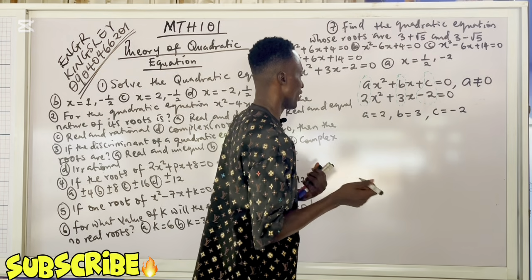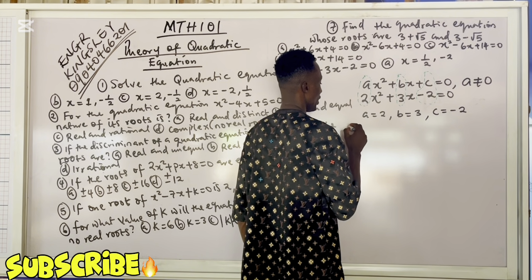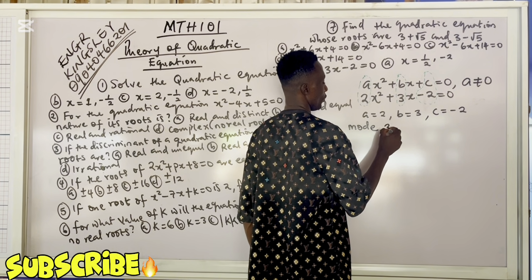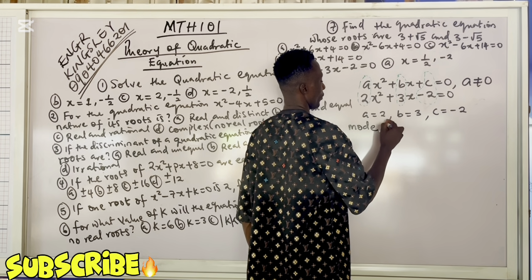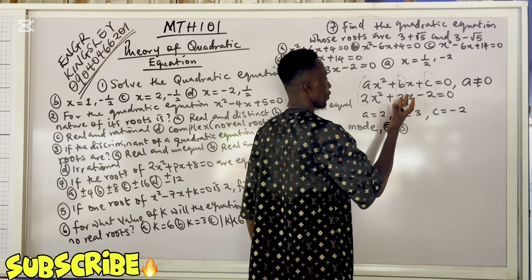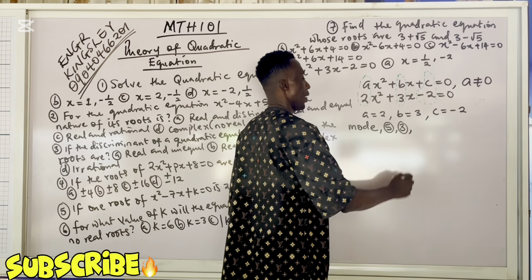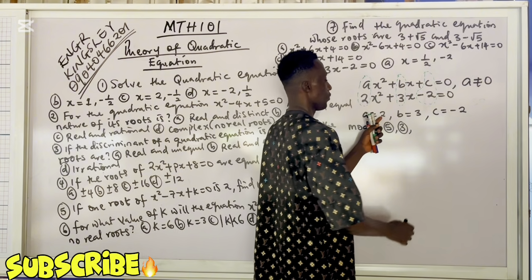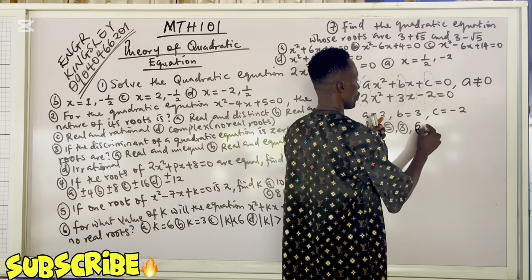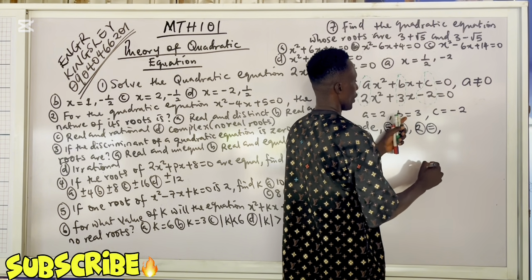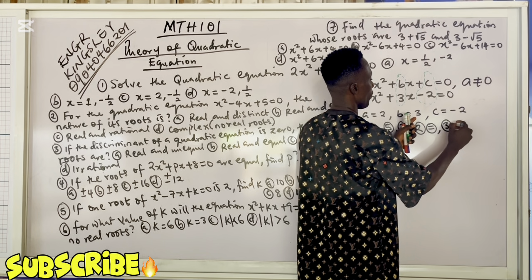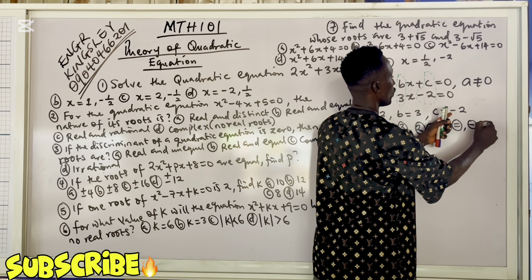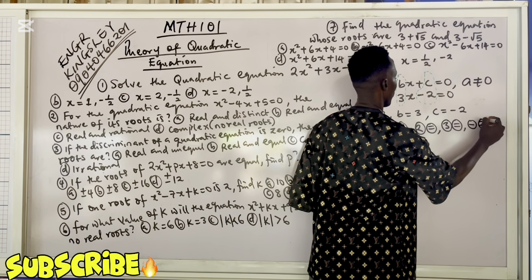For those of you writing CBT, you can easily use your calculator: press mode 5-3 to solve this particular problem. By identifying the coefficients of the quadratic, you press 2, equals, 3, equals, minus 2, equals.